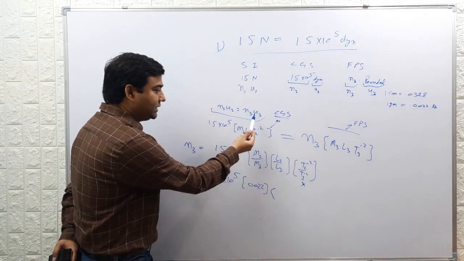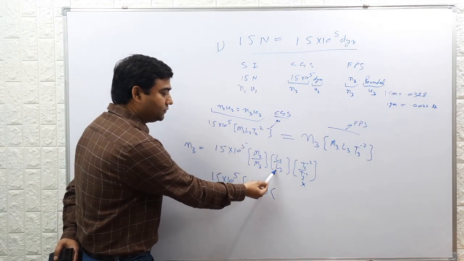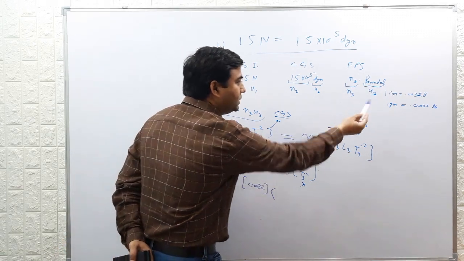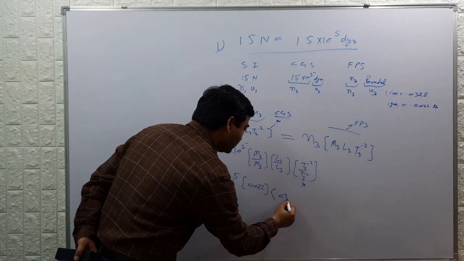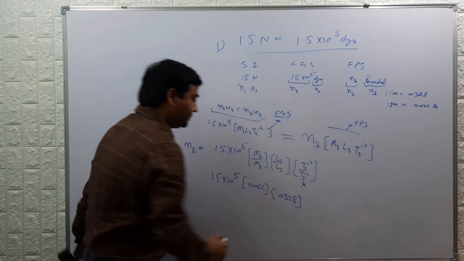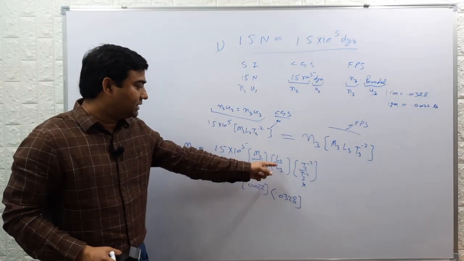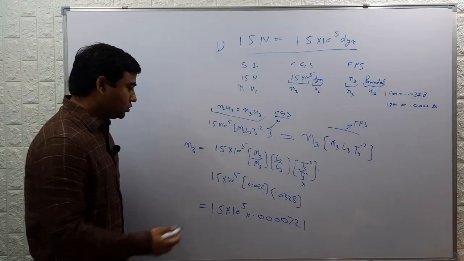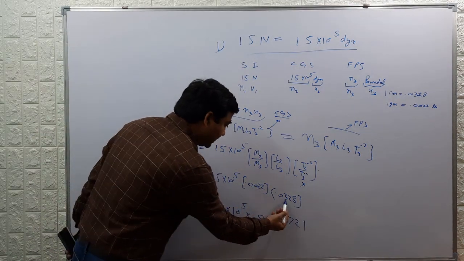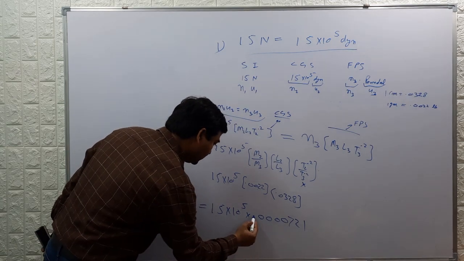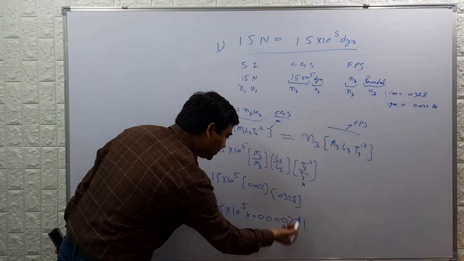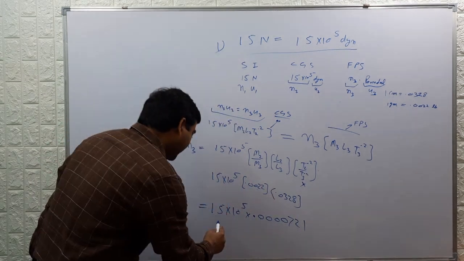L2 is centimeter in CGS system and L3 is foot in FPS system. So 1 centimeter is 0.0328 foot. So the ratio of centimeter by foot is 0.0328. So if you multiply this and this, you will get this figure 0.000072.